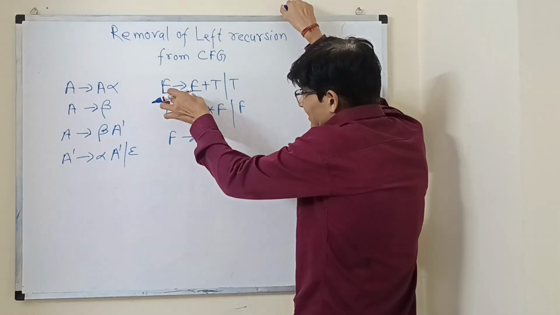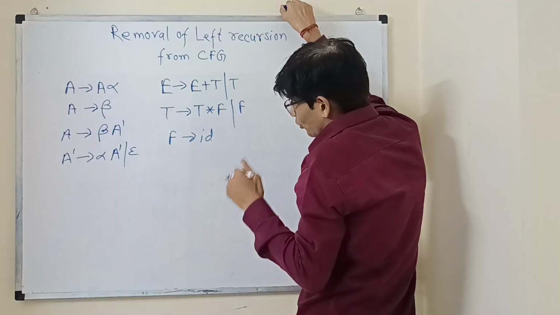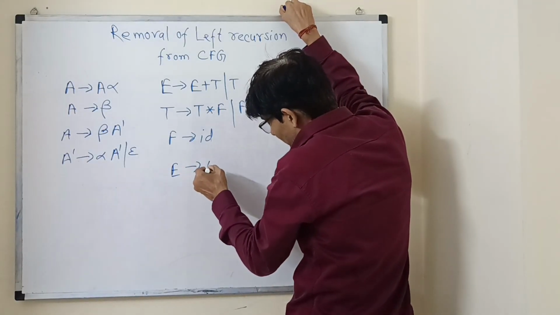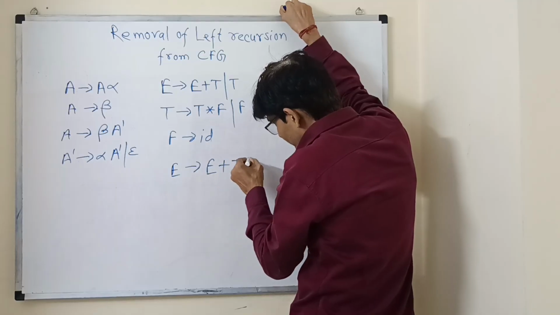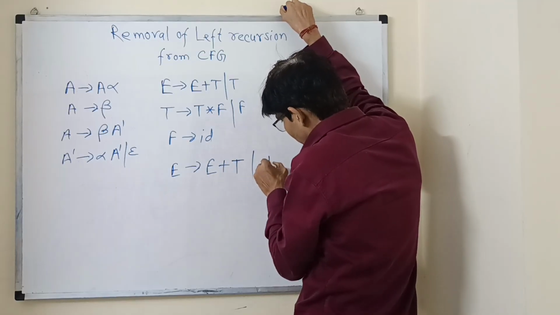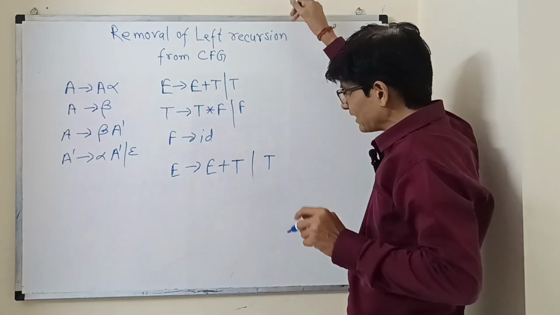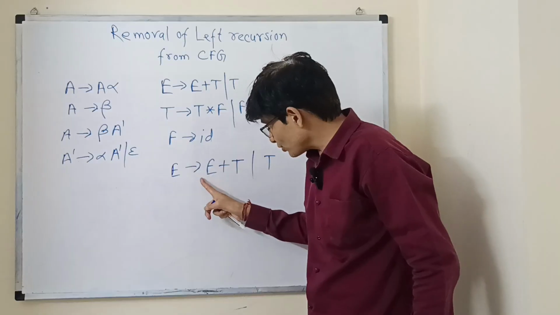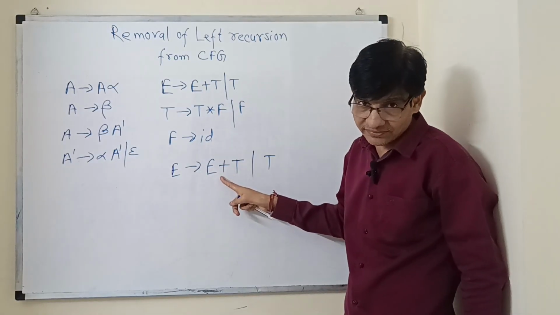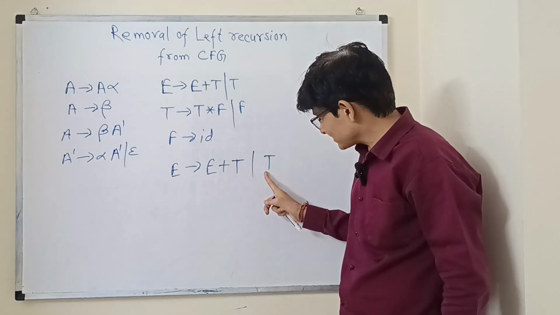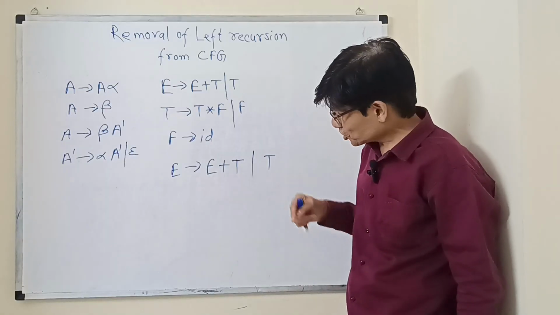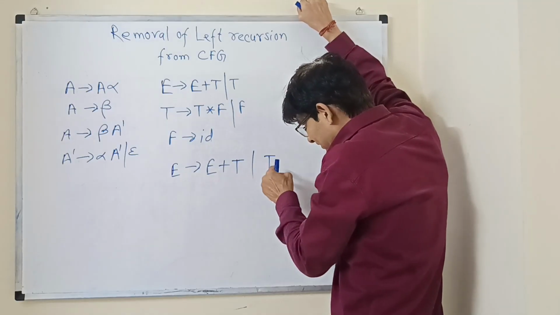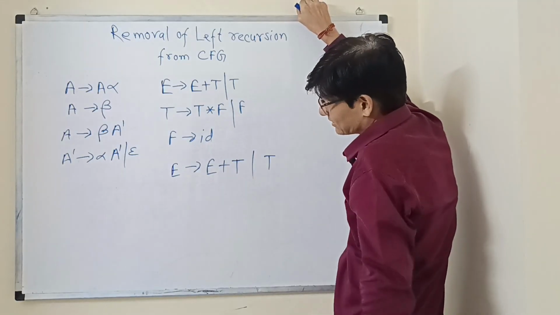Now we consider first all productions of E: E gives E plus T or T. You can identify here there is one left recursive production and one non-recursive production. E gives E plus T is the left recursive production, and E gives T is the non-recursive production.